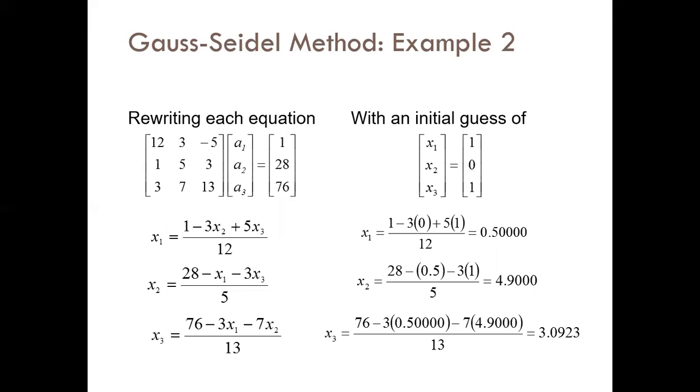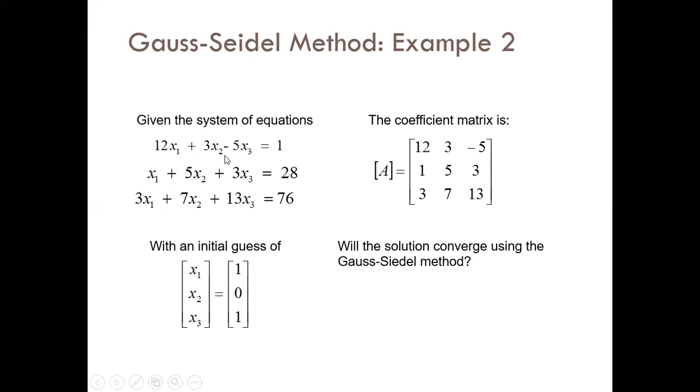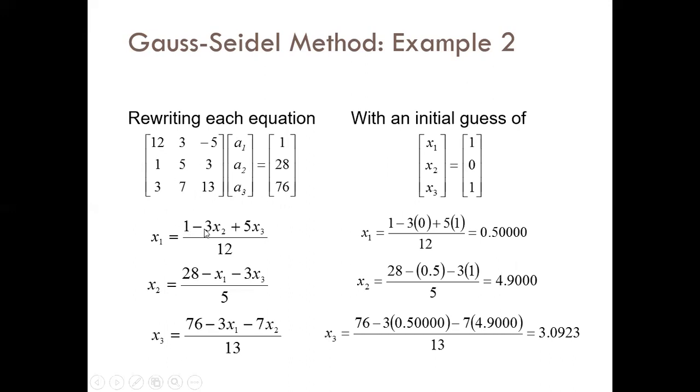Rewriting the equations, x1 is equal to 1 minus 3x2 plus 5x3 divided by 12. x2 is equal to 28 minus x1 minus 3x3 divided by 5. x3 is equal to 76 minus 3x1 minus 7x2 divided by 13.